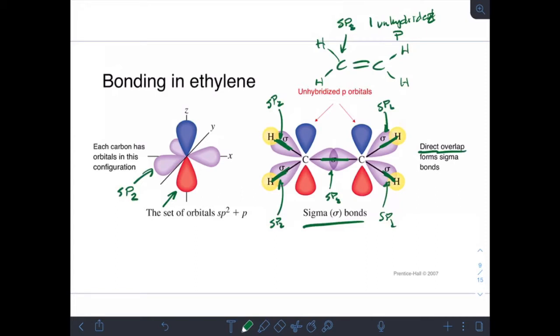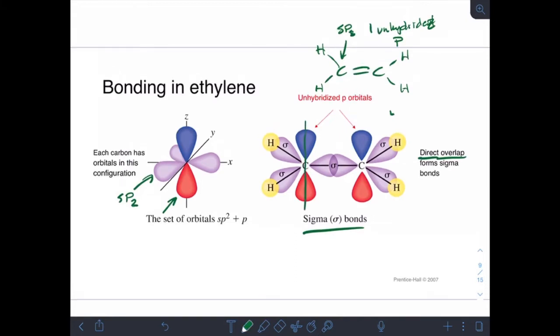Let's clean this up a little bit so I can talk about the next idea. What happens is these unhybridized p orbitals are sticking straight up and down along the z-axis together. They're both sticking straight up and down in the same axis.